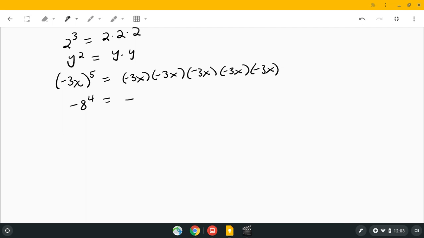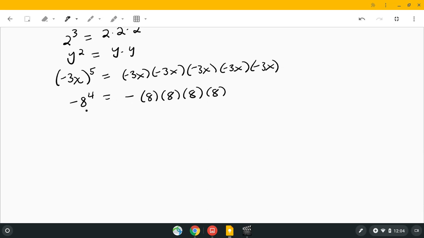The negative just kind of hangs out there, and it's 8 times 8 times 8 times 8. Okay, so if you want the negative 8 to be the base, then you would need to put the negative 8 in parentheses, and negative 8 will get repeated 4 times. Okay, so it's very important that you use the grouping symbols around everything that you want to be the base. Okay, all right, so no grouping symbols, then the negative is not part of the base.